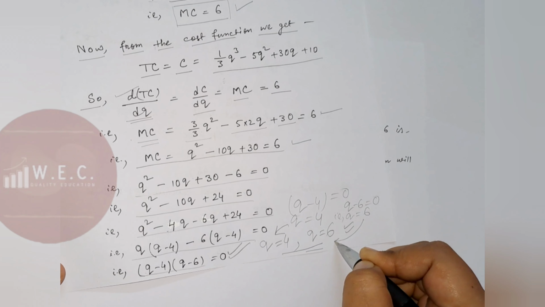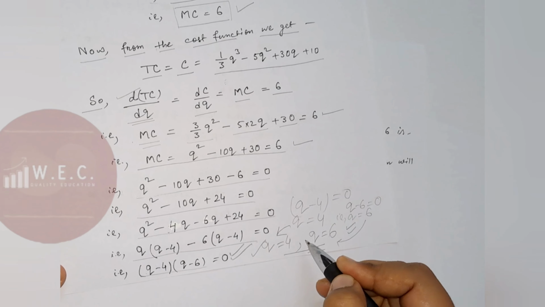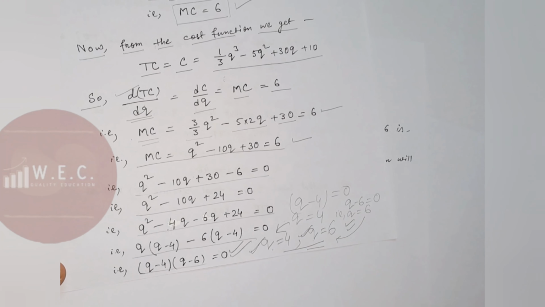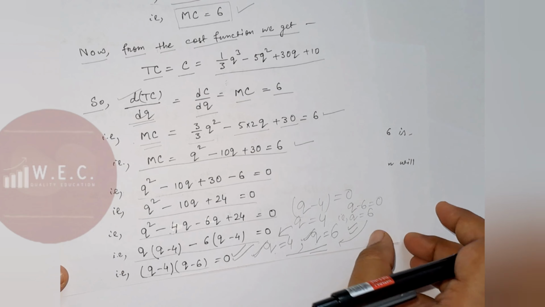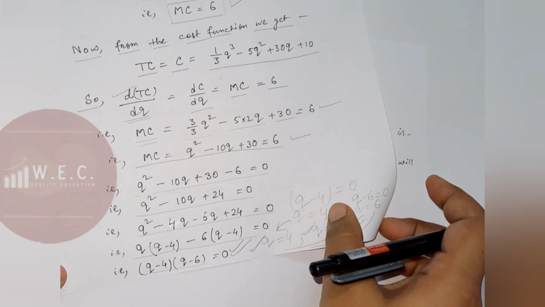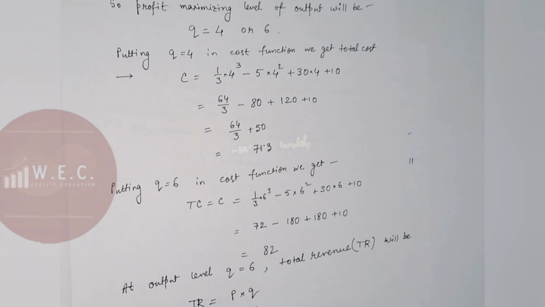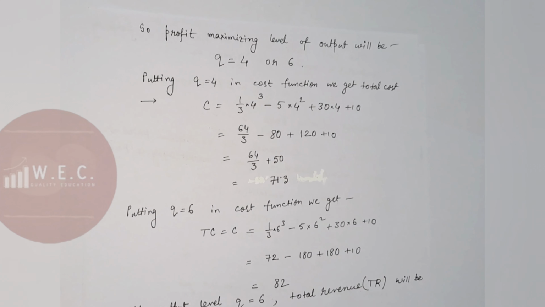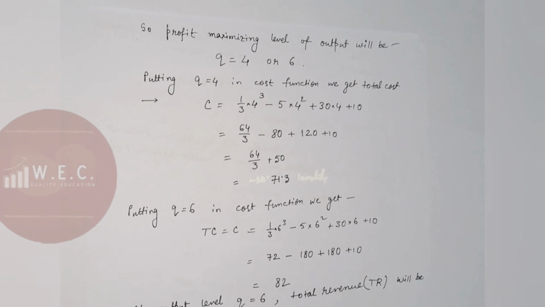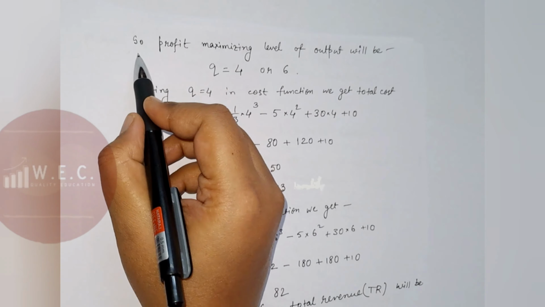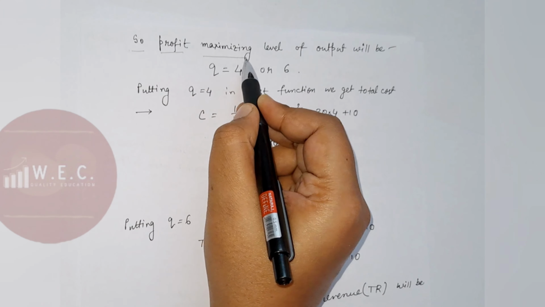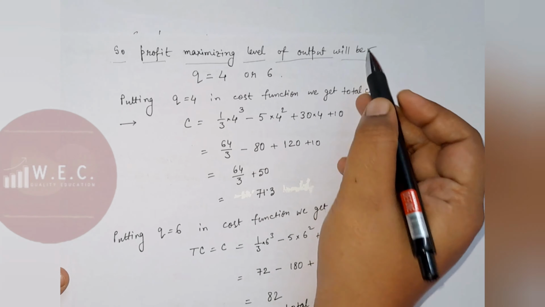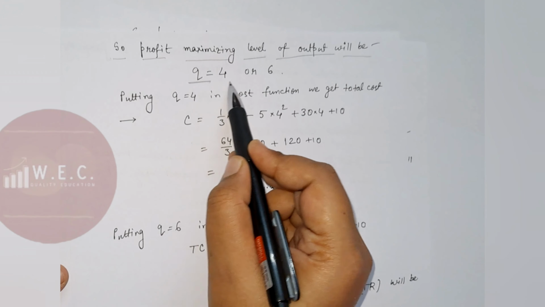You can see the screen to know how I have calculated the values of Q. So the profit maximizing level of output will be either 4 or 6.